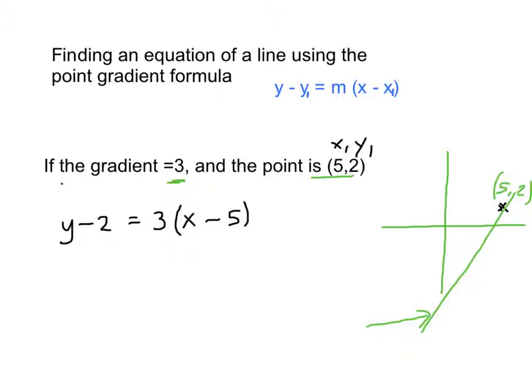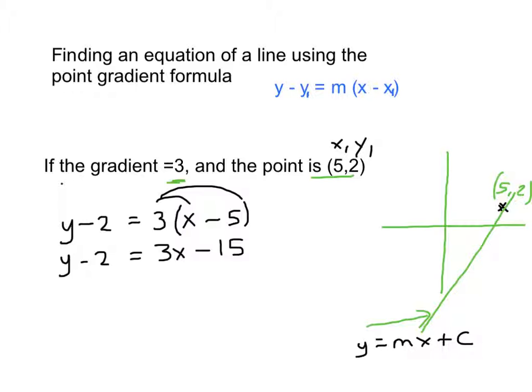Now we know that a straight line usually has the form y equals mx plus c. So I want this equation to look more like what I've got at the bottom of the page there. So I need to get rid of this bracket, multiply out the bracket. y minus 2 equals 3x minus 15.